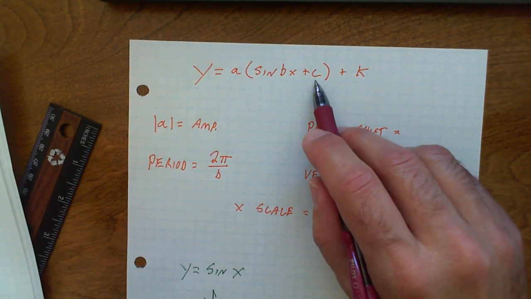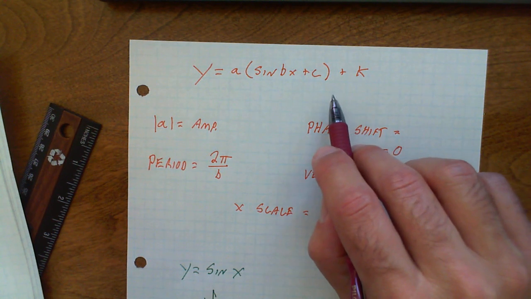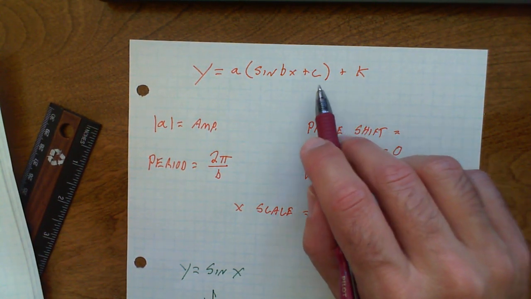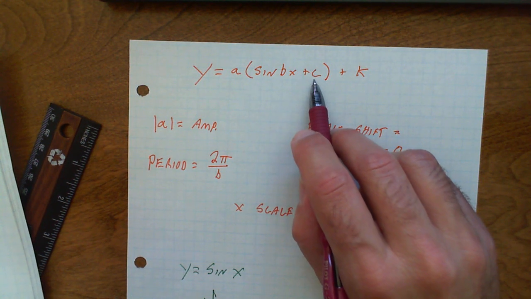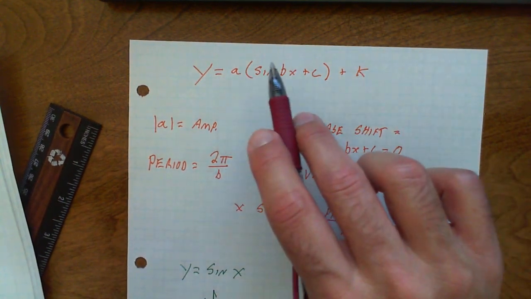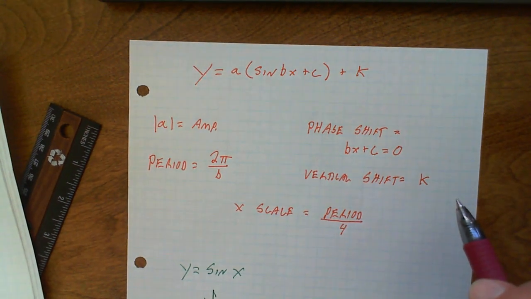And then the C is going to be like our h. It's the horizontal shift, and the K will be our vertical shift. The C, the horizontal shift, we'll call the phase shift. The K is going to be the vertical shift. Go ahead and write all that down.